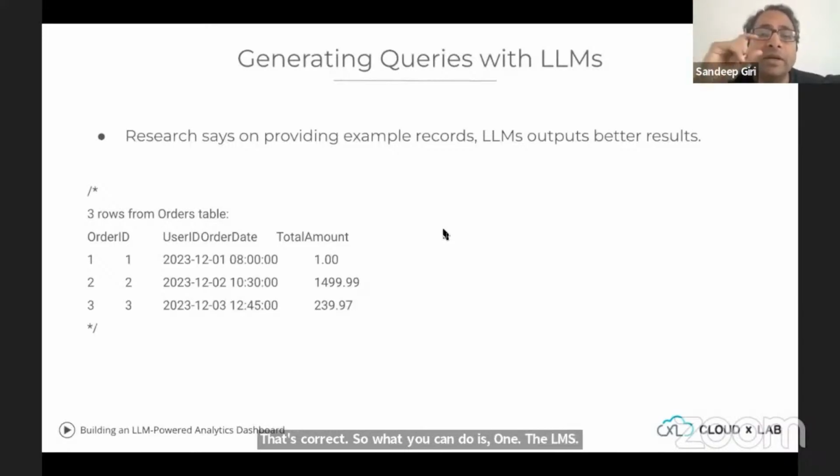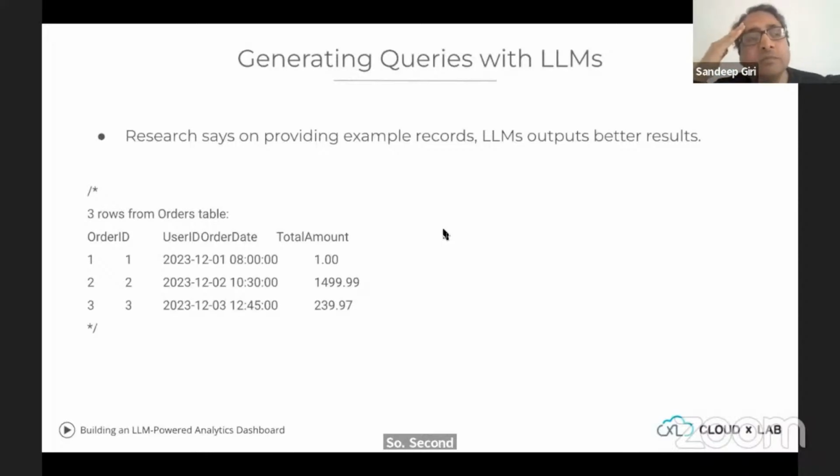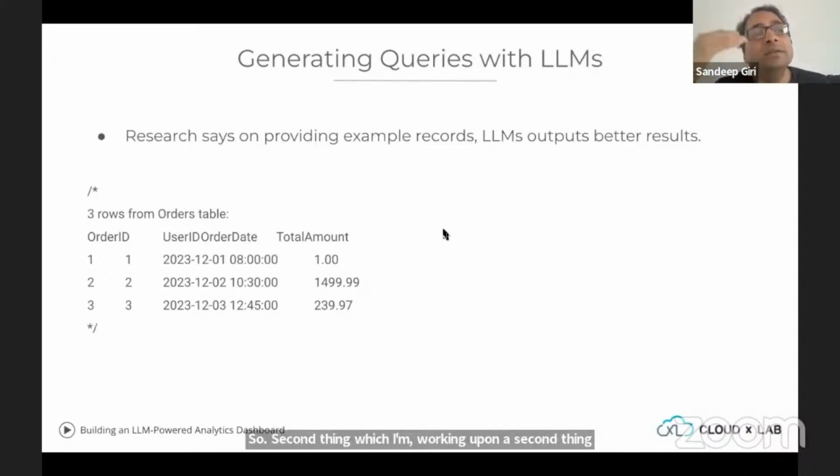Before sending the query to the database, you can run it through our Shield so that you don't impact the database. So that is one dry run you can do. Second thing, which I'm working upon, is that you can try fine-tuning it more and more.